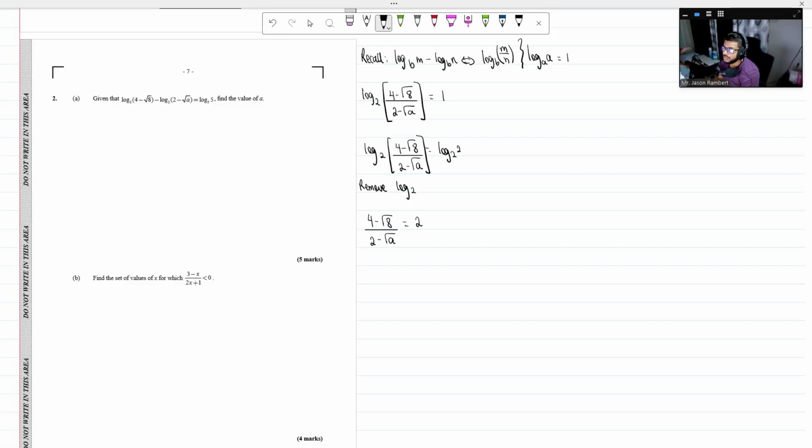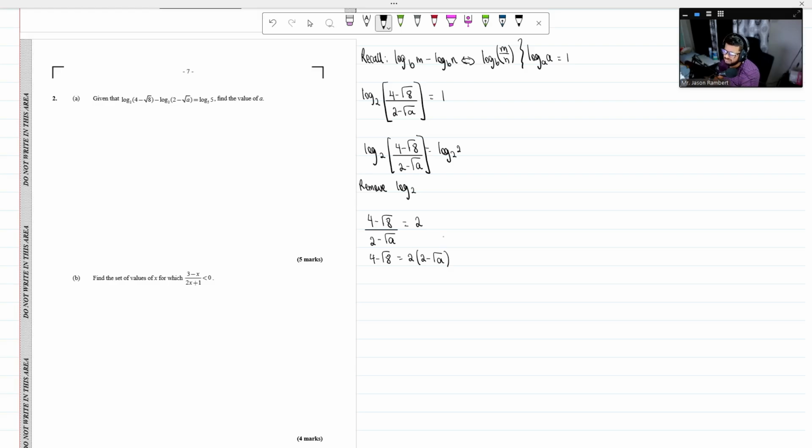So we could do a couple things here. The easiest thing I see to do here is not to rationalize. I'm going to cross multiply. 4 minus root 8 is equal to 2 into 2 minus root a. And I'm going to rearrange.